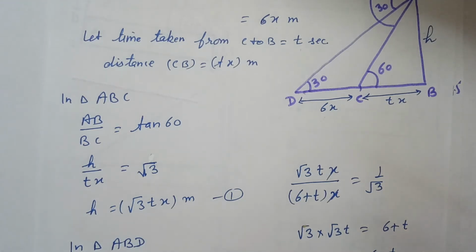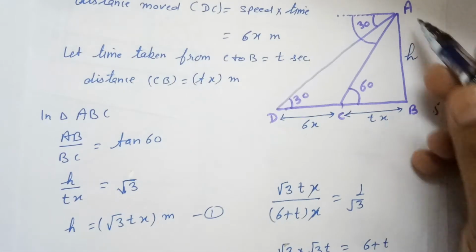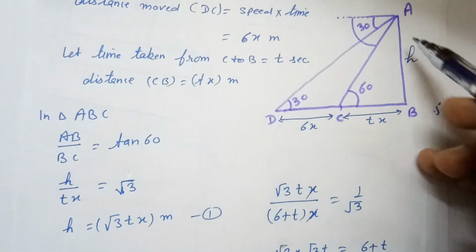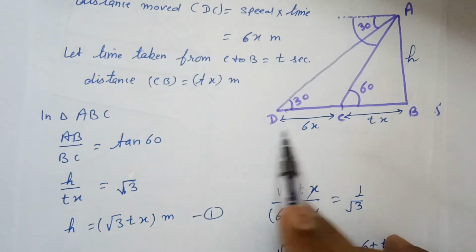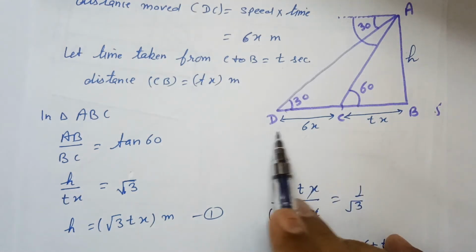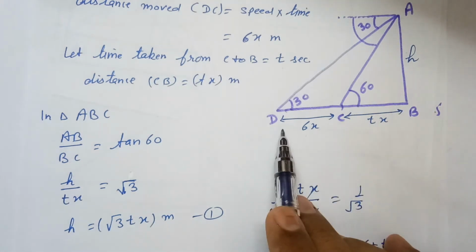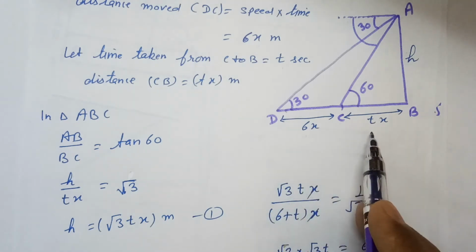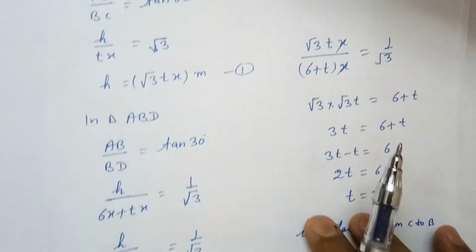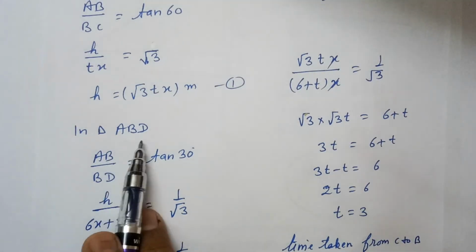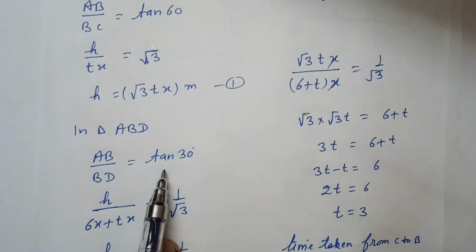Now for the second triangle ABD, the perpendicular is the same, which is the height of the tower, and the base now becomes the sum of BC and DC, 6x plus tx. So in the second triangle ABD, AB over BD equals tan 30.